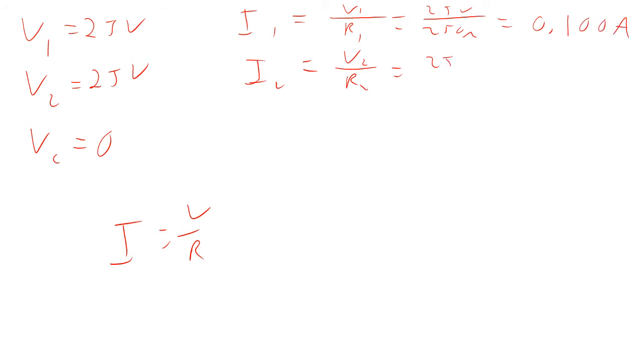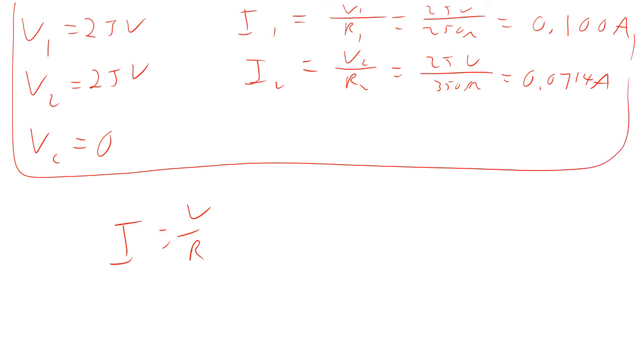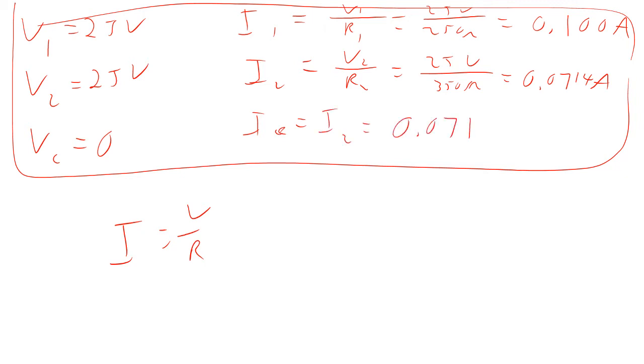The other one is 25 volts over 350 ohms, which turns out to be 0.0714 amps. So now we have the voltages on everything. What about the current in the capacitor? It's in series with I2, so it's going to be charging at a rate of 0.0714 amps.